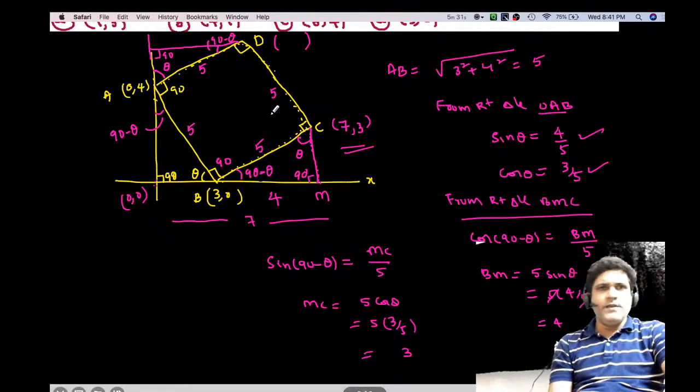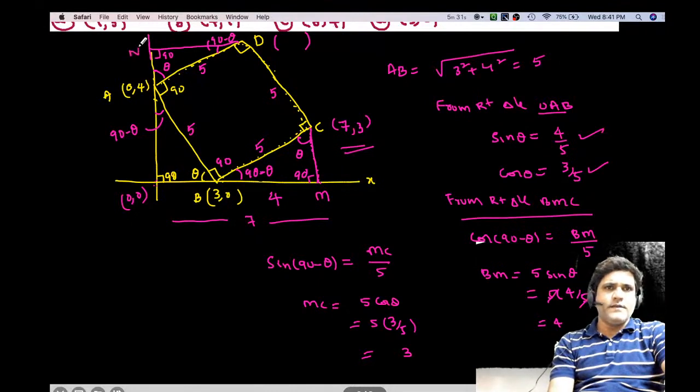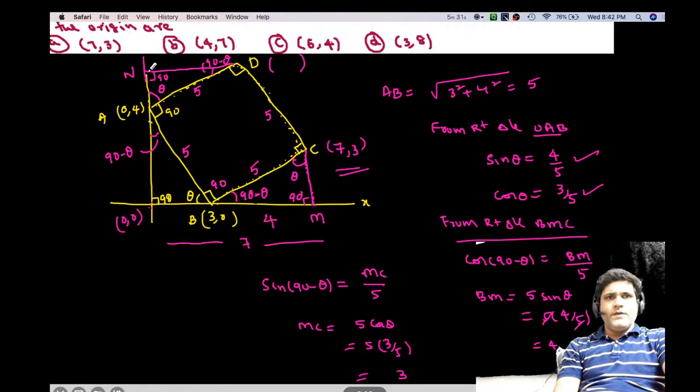Now similarly use this right angle triangle. This is M, this one is N. So from this right angle triangle find D coordinates. Coordinates of D are what? ND distance is the x coordinate and ON distance is the y coordinate.